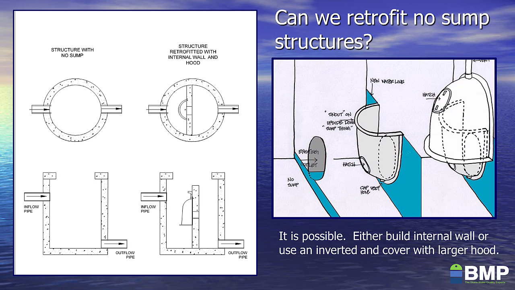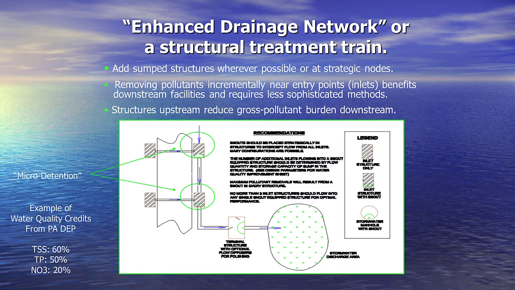To get back to water quality structure design, we think of a drainage network with sumps and snouts as an enhanced drainage network, whereby you're setting up a structural treatment train.